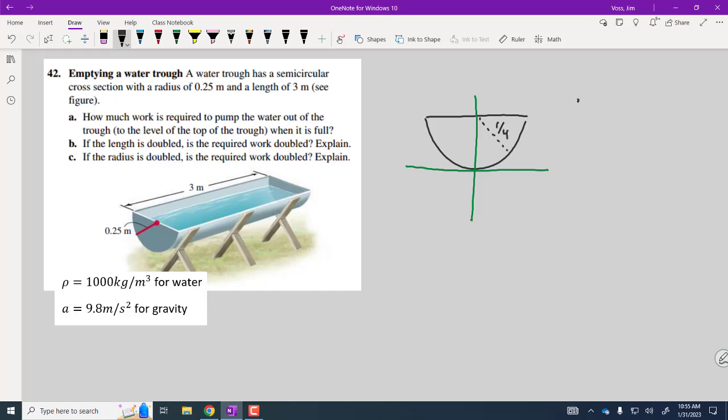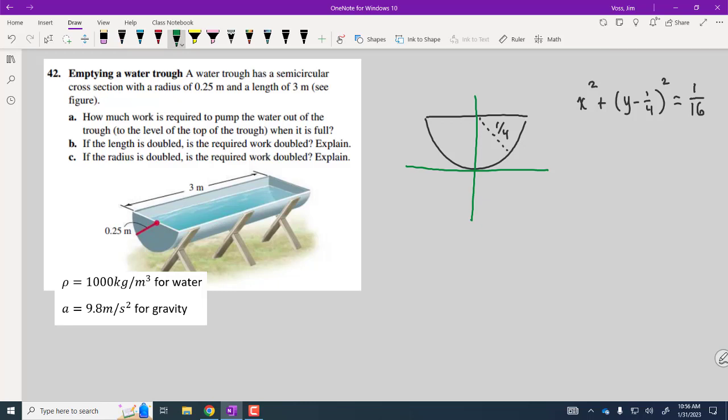Then this is going to be x squared plus y minus 1/4 squared equals, what would be the right-hand side? It's 1/16. The radius is 1/4. Square the radius to get the right-hand side.